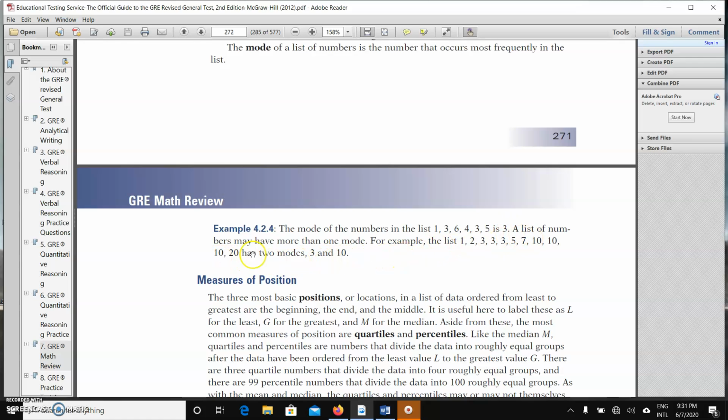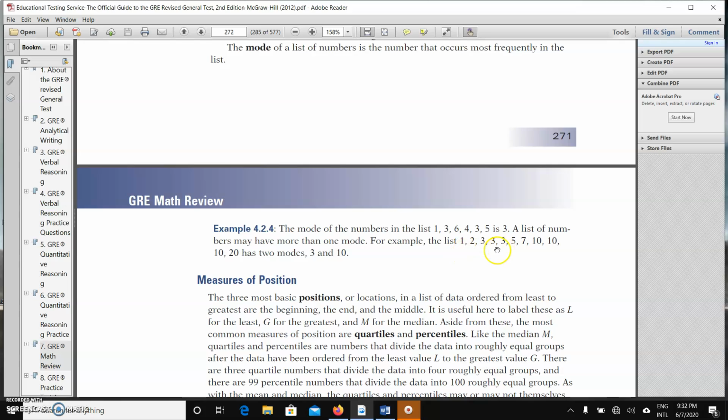Now, they are also telling us that we can have more than one mode in a distribution. For example, if you look at this data now, 3 appears 3 times, 10 appears 3 times. So they both appear 3 times, and the highest number of appearances is 3. So we have 2 modes, 3 and 10.